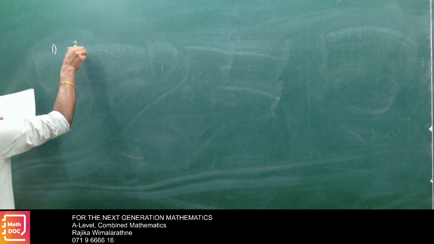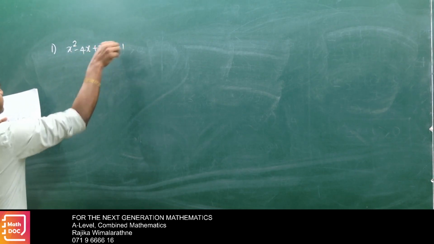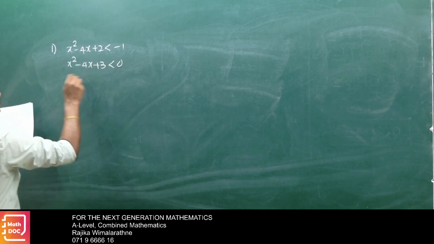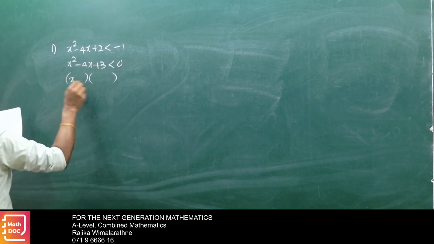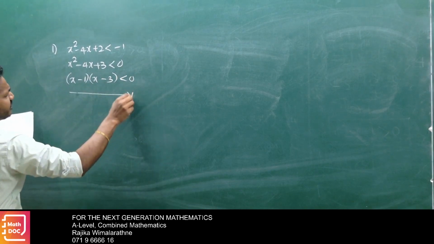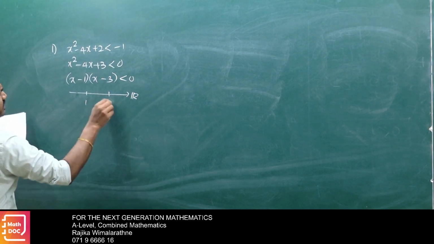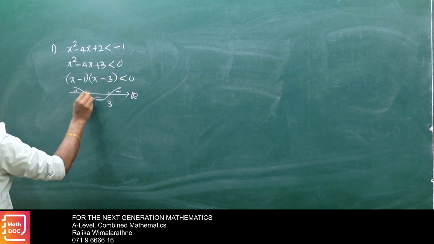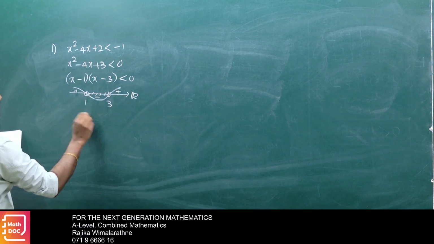x squared minus 4x plus 2 less than minus 1. x squared minus 4x plus 3 less than 0. Factorize: x, x, 3, 1, minus, minus, less than 0. 1, 3. Negative, positive, positive. Here is the region.